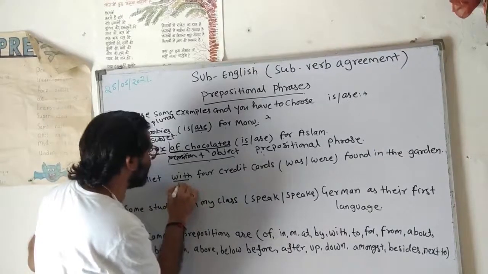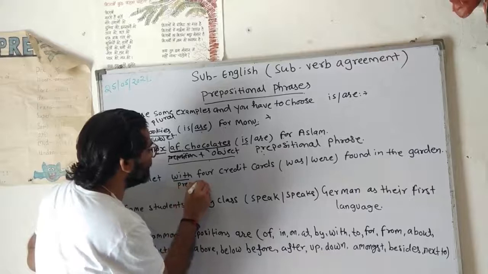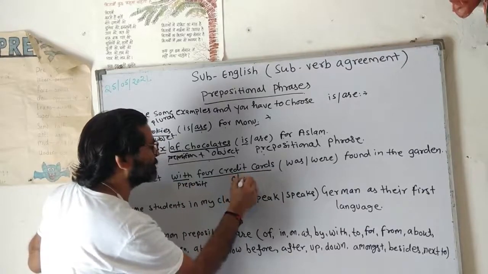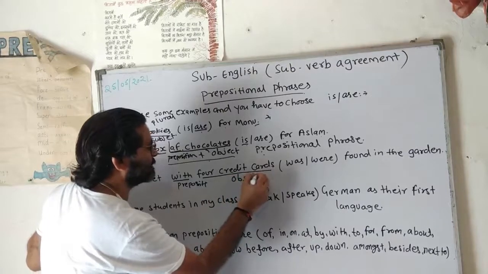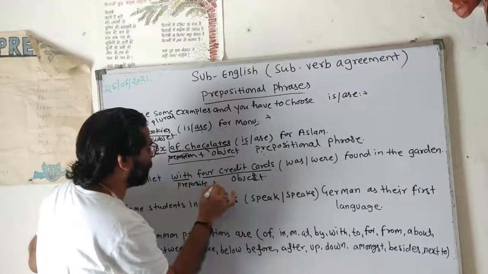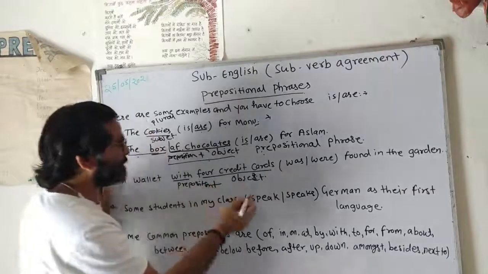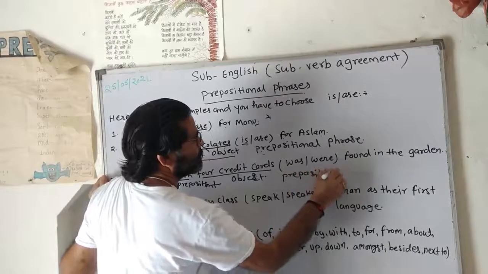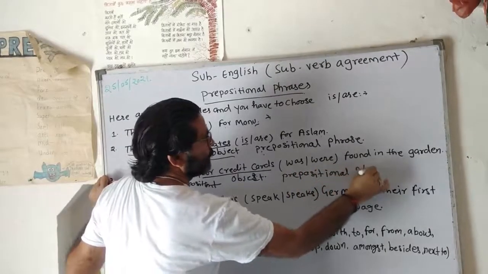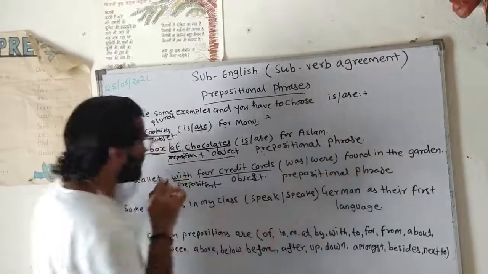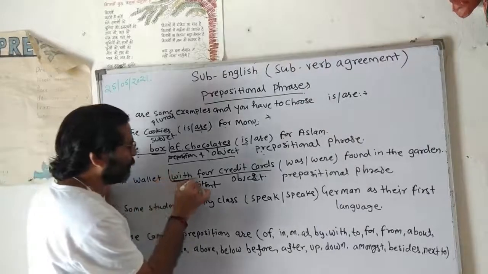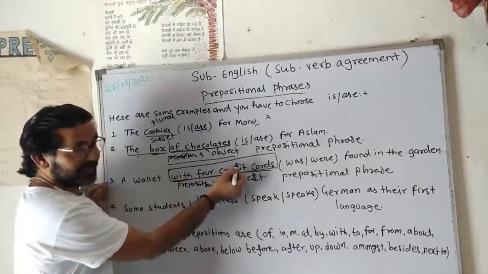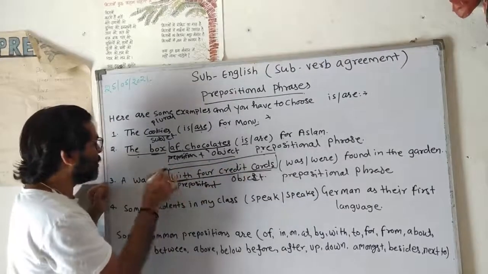So with is a preposition, and 4 credit cards is an object. So a preposition and object together make a prepositional phrase. What is the prepositional phrase in this sentence? With 4 credit cards. And this phrase is describing what?